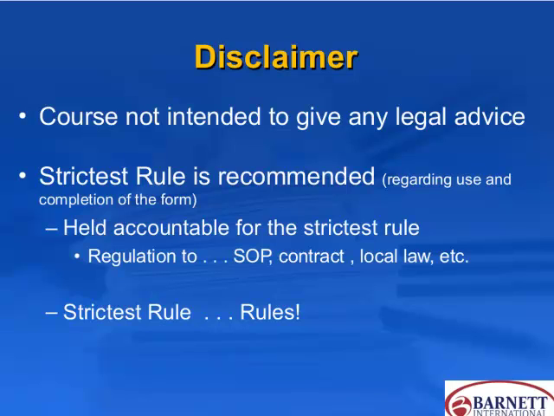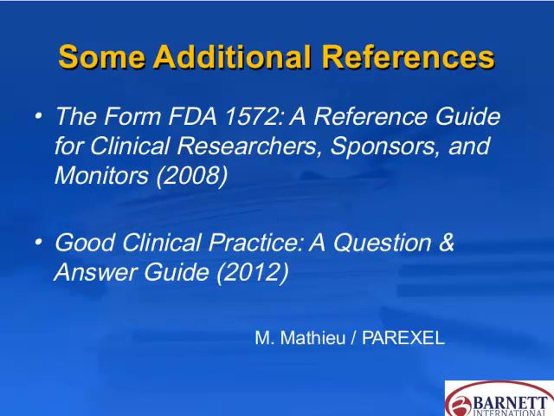But some states recognize emancipated minors, who might be 17 or 16 years of age, to be considered legally acceptable to sign documents on their behalf, and so they could sign an informed consent. So your informed consent might say subjects of legal age of consent beginning with 18 years of age, but if the legal age of consent in that particular state is 17, the strictest law here would then be what the state regulations say. So that's just a little clarification I wanted to make clear.